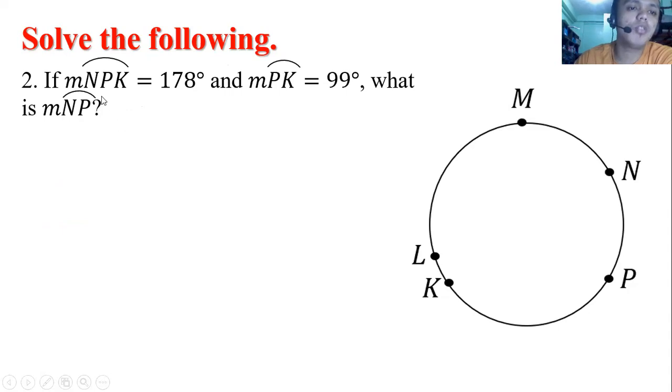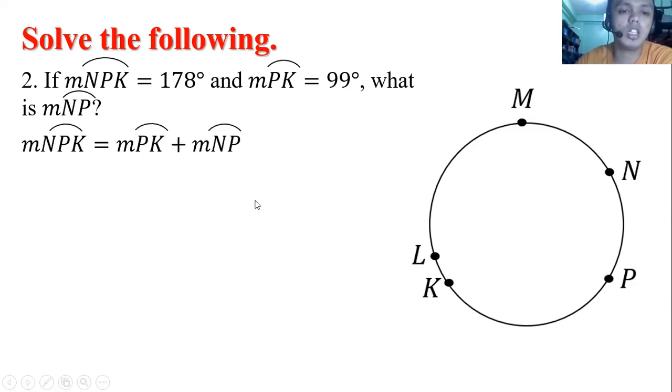Another one. If measure of arc NPK is equal to 178 degrees and your PK is equal to 99 degrees, what is your NP? This is NPK. PK is equal to 99. NPK is 178. What is your NP? Again, using the arc addition postulate, substitute your NPK to 178, your PK to 99, your NP is still unknown.